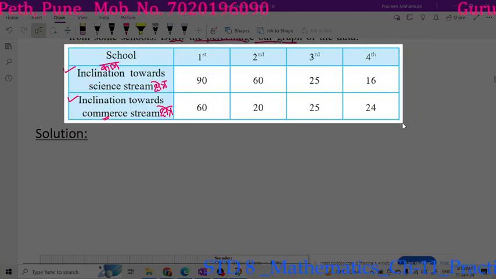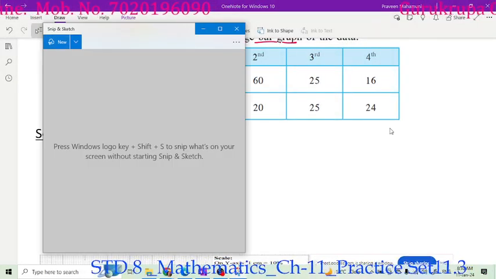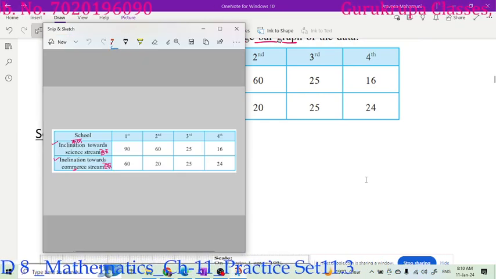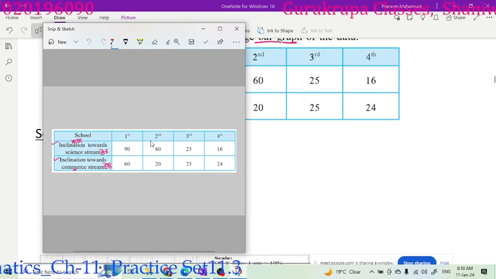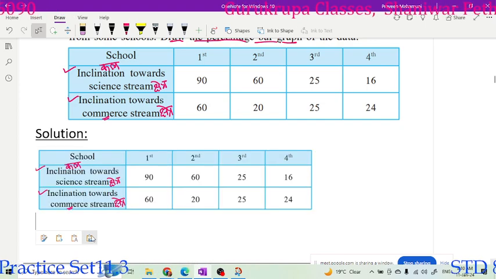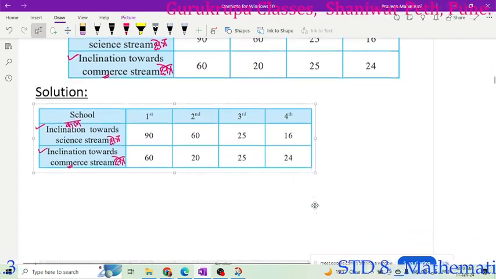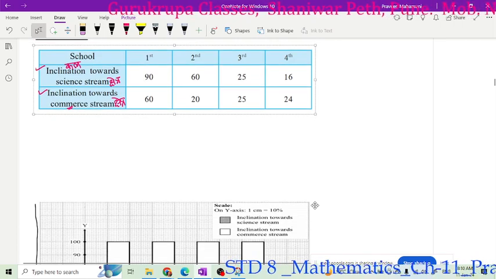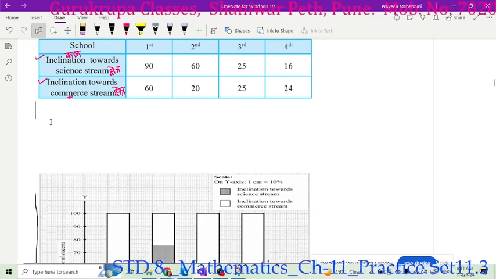Okay, draw the same table, but we need one more row below the given table. So here we got this table.